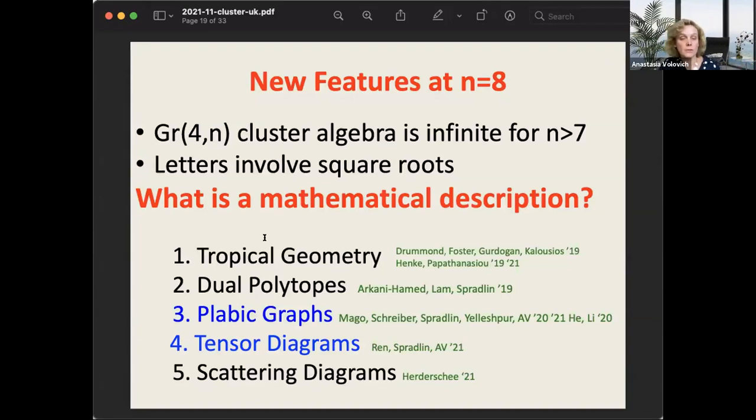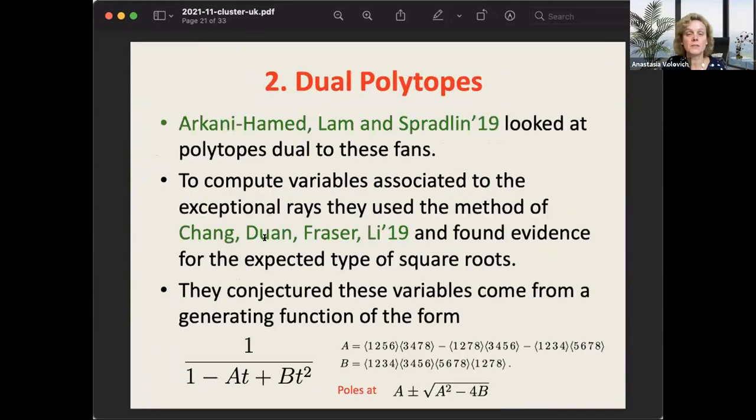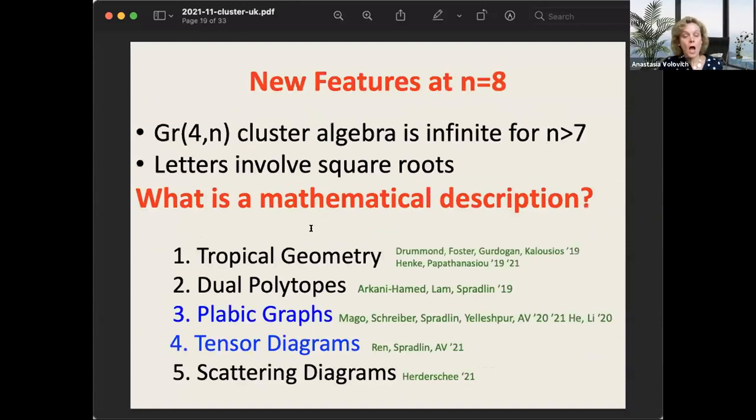And then there's a dual polytope description by Arkani-Hamed, Lam, and Spradlin, where they use the methods of Fraser and others, and were able to reproduce these features. There's also a scattering diagrams approach, which I will not talk about at all. What I will do in the next 10 minutes is explain how to get these letters from two different constructions: one is Plabic graphs and the other one is tensor diagrams.